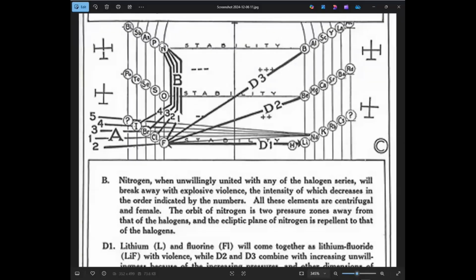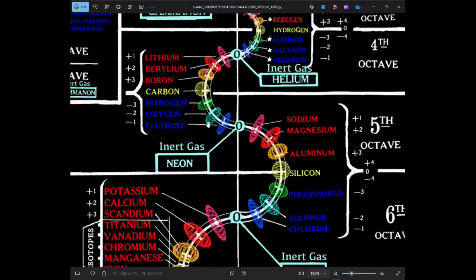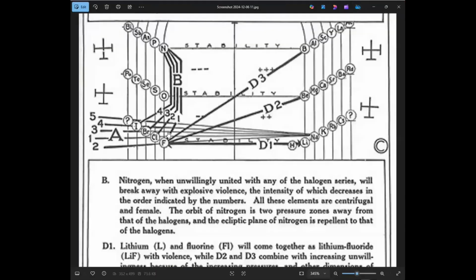So nitrogen, being -3, will unwillingly unite with any of the halogen series, and it will break away with explosive violence, the intensity of which decreases in the order indicated by the numbers. Fluorine is -1 and nitrogen is -3, so already we're the same sex, both negative.